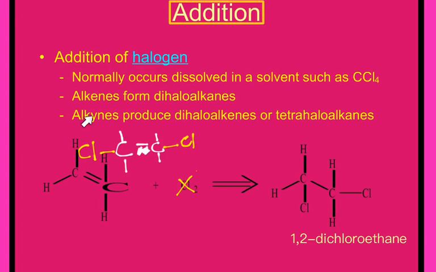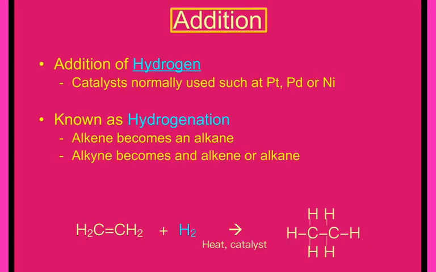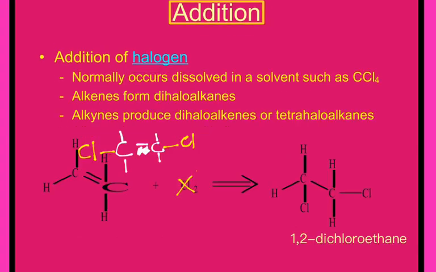Now we've got alkynes, meaning the triple bonds. Yeah, they'll also form that one. You don't need to know, it will happen by itself. Okay, this reaction is called halogenation. Remember the other one, it was dehalogenation. Yeah, it's halogenation.